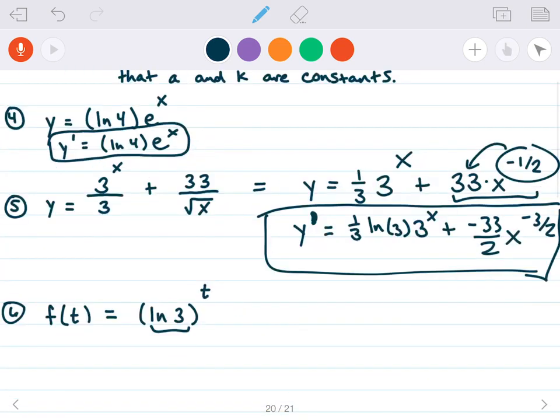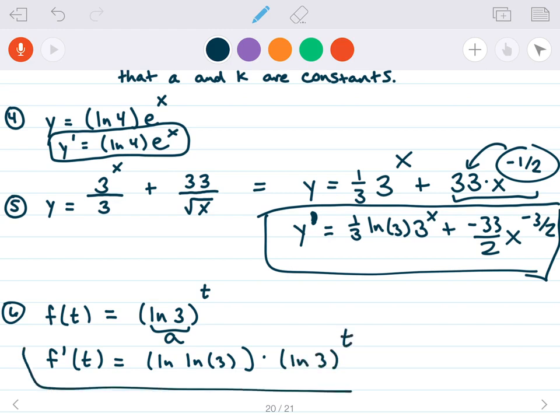So if we take the derivative, f prime of t, that is just going to give us ln of 3. I have to take the ln of whatever is acting like our a, and then multiply by our original function, which was ln of 3 to the t. So this is our derivative.